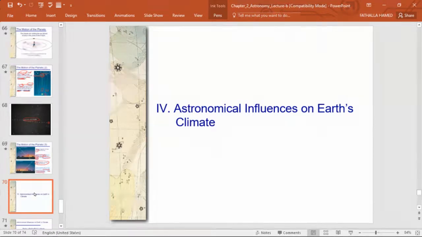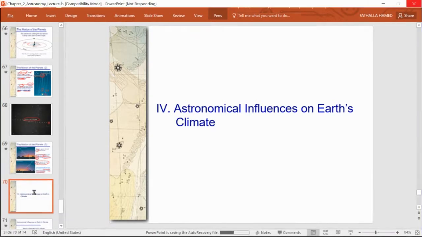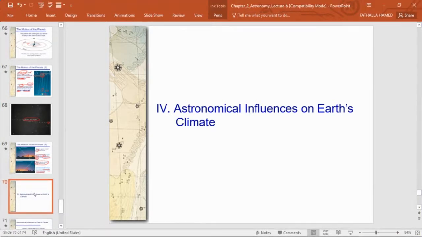Finally, we're going to look at the effect of the motions of the Earth on the climate. So remember, in the last few lectures, we talked about how the Earth makes one full revolution around the Sun in a year. It makes one full rotation around its axis once every day.